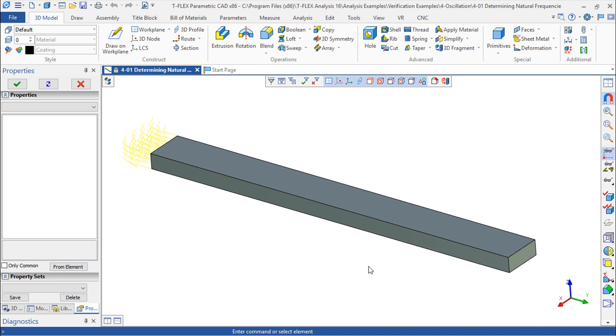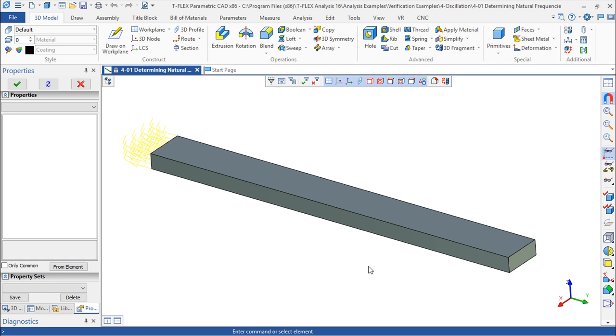This is a sub-concept of this dynamic analysis group because this frequency analysis, this module in particular, serves to calculate the natural frequencies of a structure vibration and the patterns of vibrations that this structure or element will have.